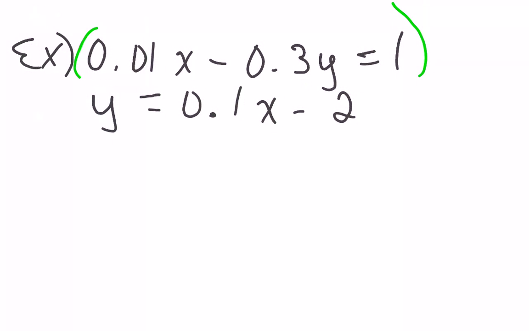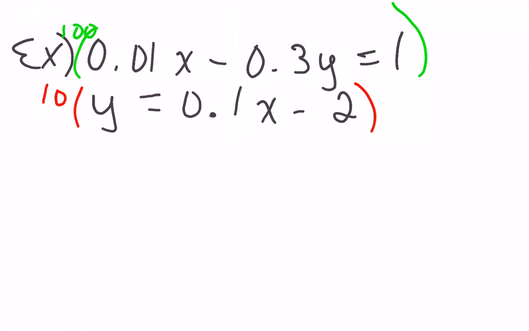So hundredths is bigger than tenths. So I need to multiply this top one by 100 so that I make sure I get rid of all of the decimals. Now, for the bottom one, the only decimal I have is this 0.1, which is in the tenths place. So I multiply the bottom one by 10.